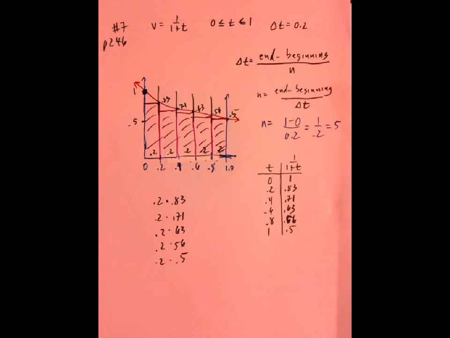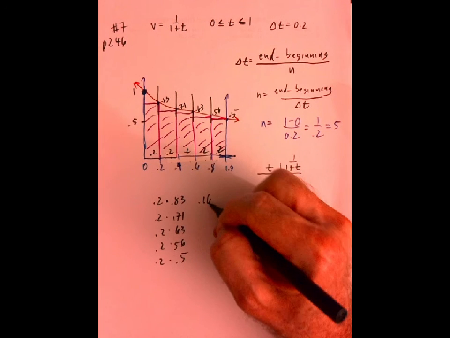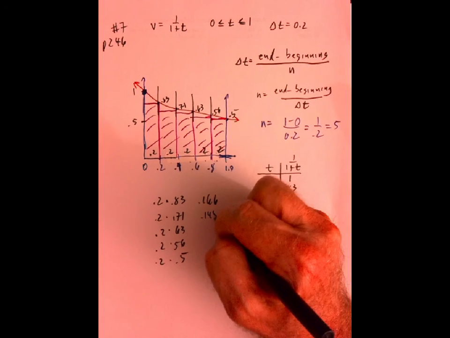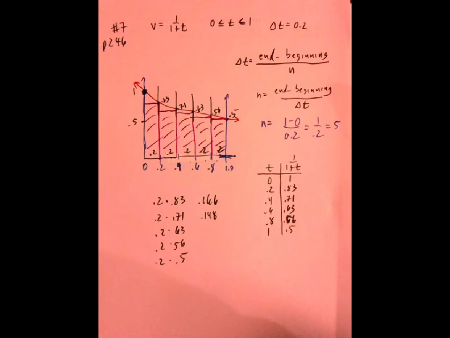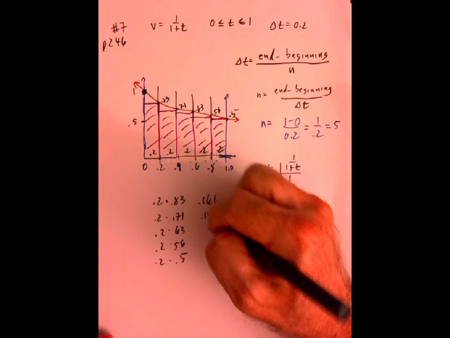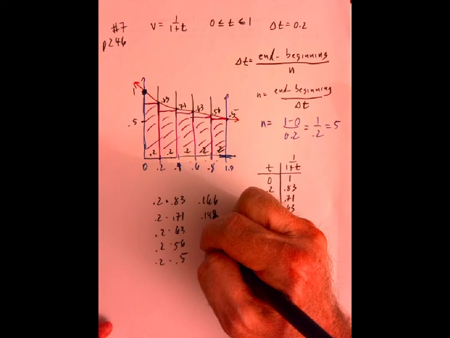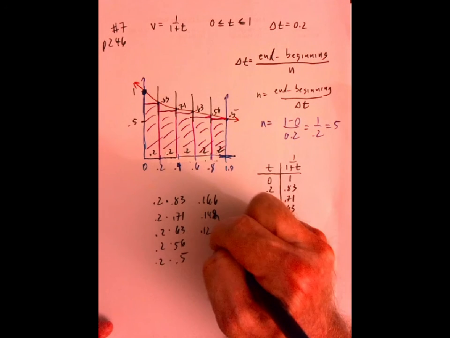0.2 times 0.83, 0.166, okay, 0.2 times 0.74, and that is going to be 0.148. Oopsie. It's 0.2 times 0.71 is what we want, so it's 0.142. Okay, 0.63, that's 0.126, right?